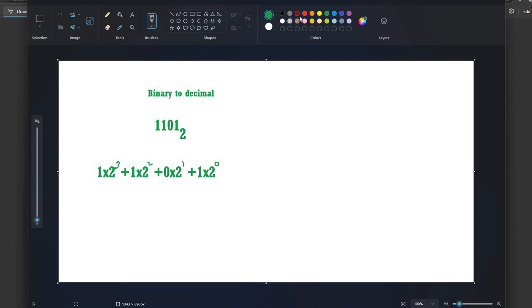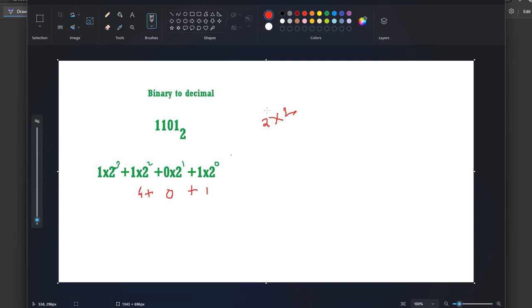So 1 into 1, how much? 1. 2 to the power 1 into 0: any number into 0 is always 0. Okay. So 2 to the power 2 means 2 into 2. So 2 into 2 is how much? 4.